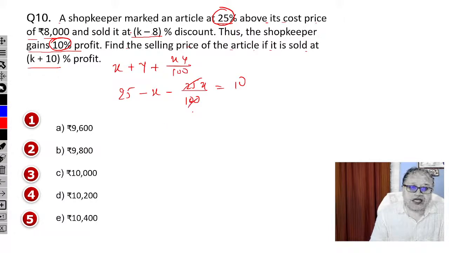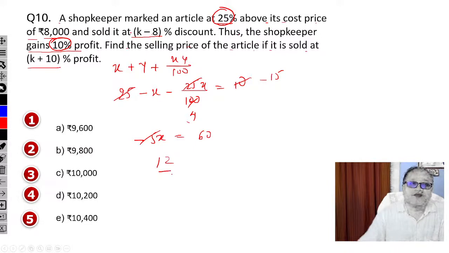So I get this as 4 times. When 25 comes over here, it is minus 15. So here I get minus 5x is equal to 15 into 4, that is 60. So x is equal to 12, because the minus sign is on both sides.